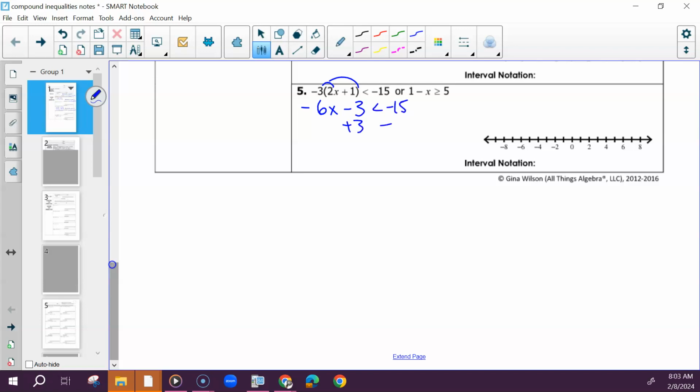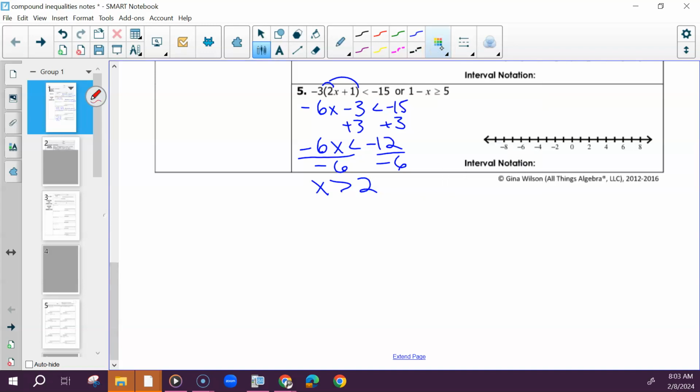So let's add 3 and divide both sides by negative 6. Remember to change your signs if you're dividing by a negative, not in general.